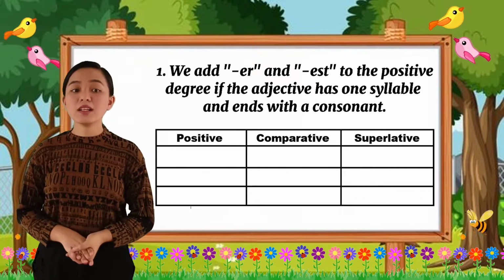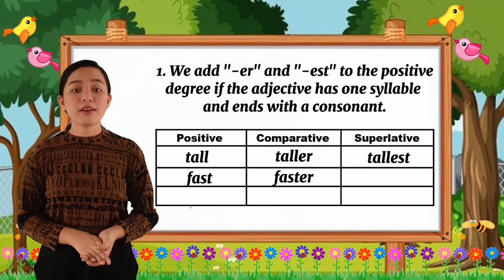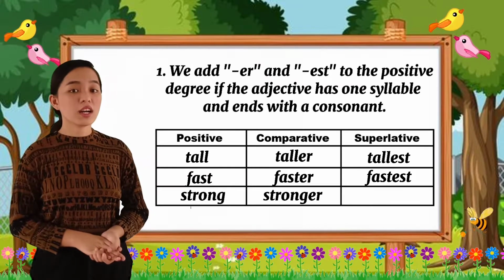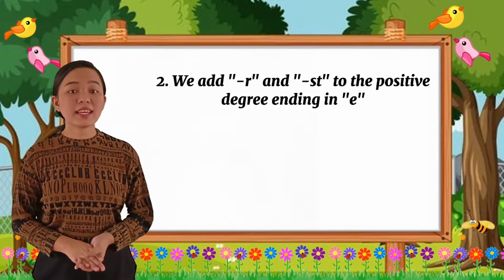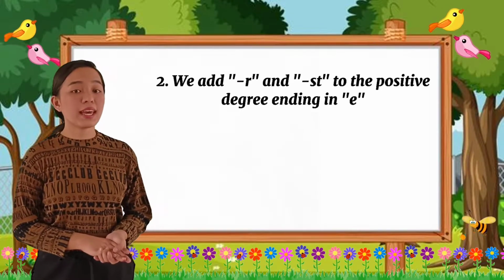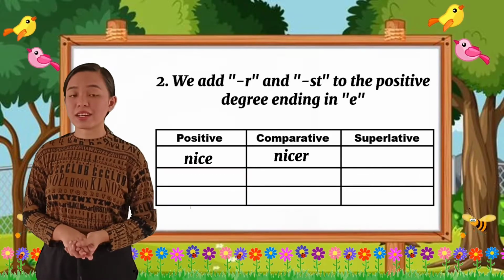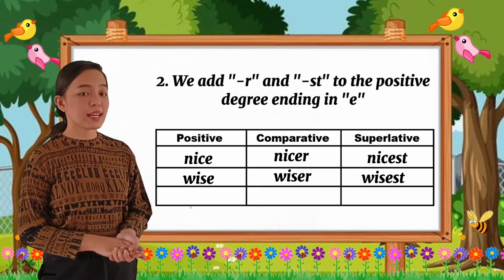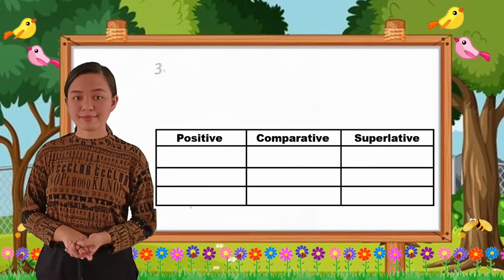So for example, tall, taller, tallest, fast, faster, fastest, strong, stronger, strongest. And then we add r and st to the positive degree ending in e. So for example, nice, nicer, nicest, wise, wiser, wisest, large, larger, largest.